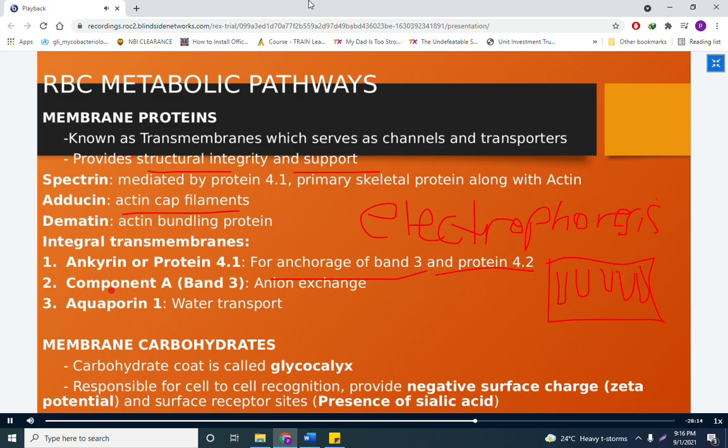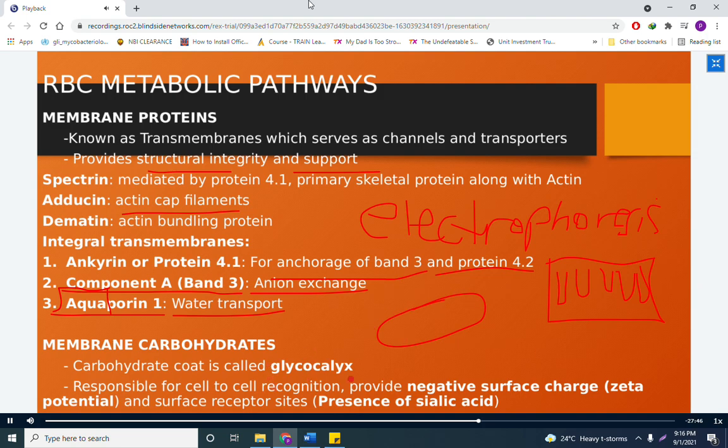Component A, also known as band 3, is responsible for your anion exchange, while your aquaporin 1 is responsible for your water transport class. So aqua meaning water, aquaporin 1 is water transport. Okay? Now, your membrane carbohydrates class.